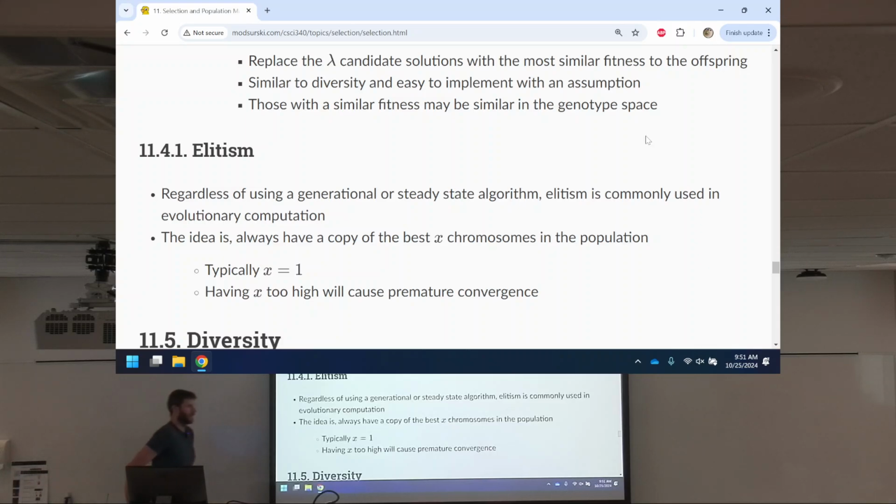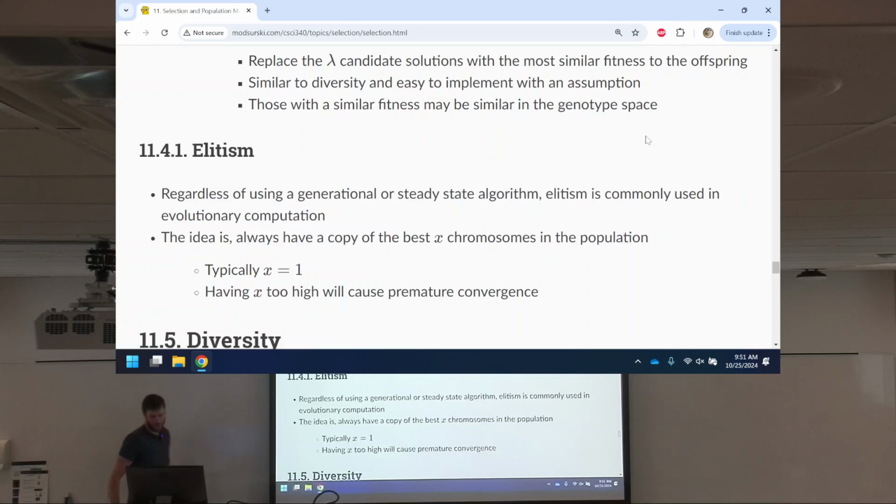Okay, elitism. Every once in a while, someone will come up with an idea, often a very simple one, which is nice, that becomes integral to a successful evolutionary algorithm. Elitism is one of those ideas. To me, it's obvious, and it's commonly used in evolutionary algorithms because it works so well and it's so easy to implement.